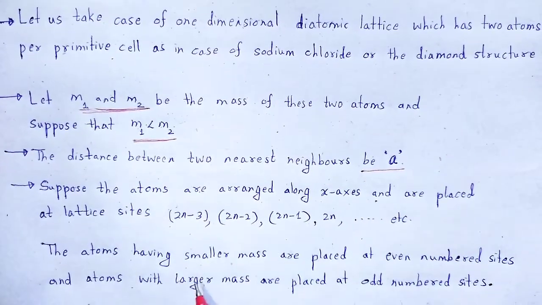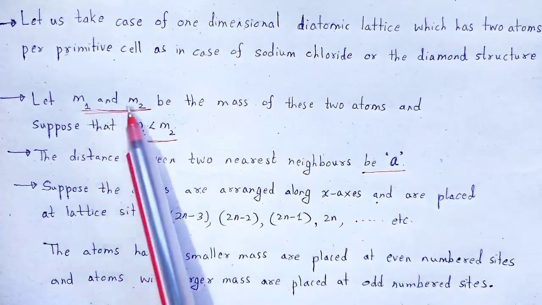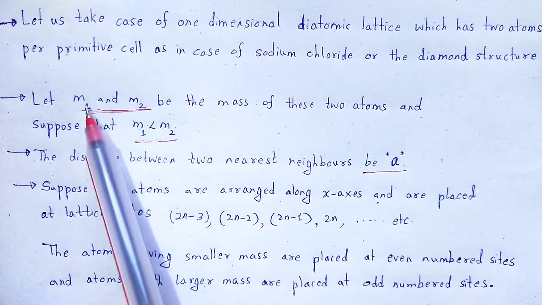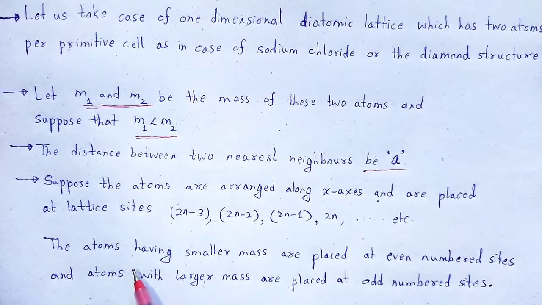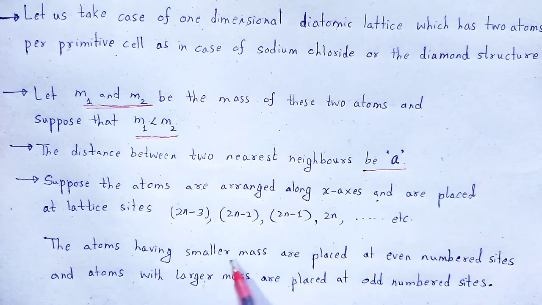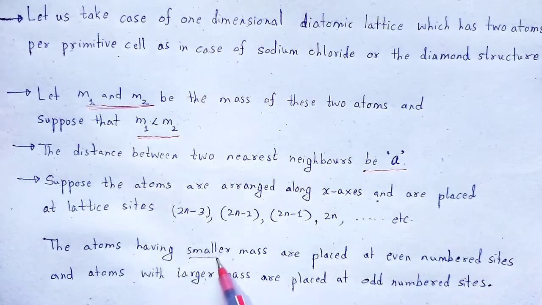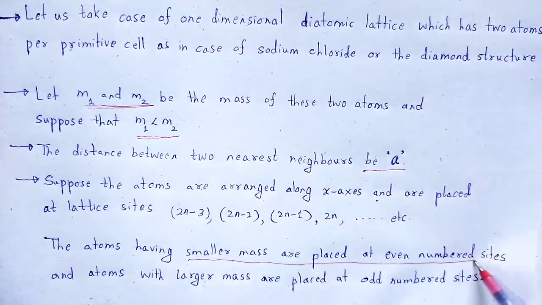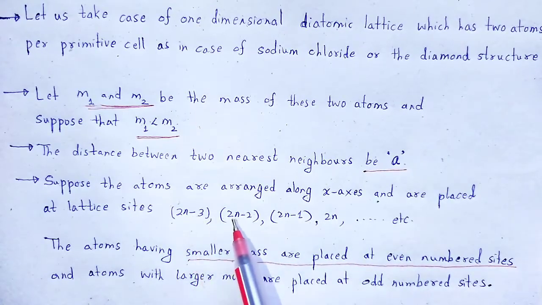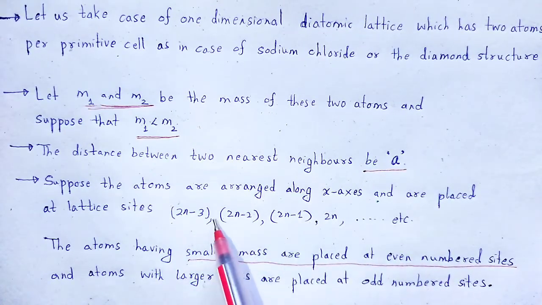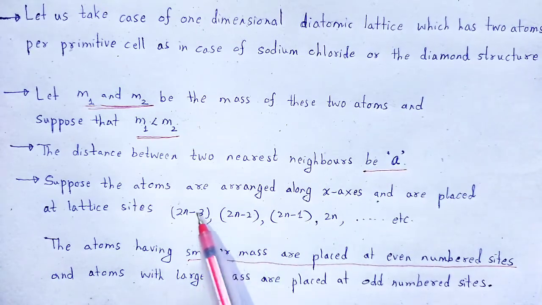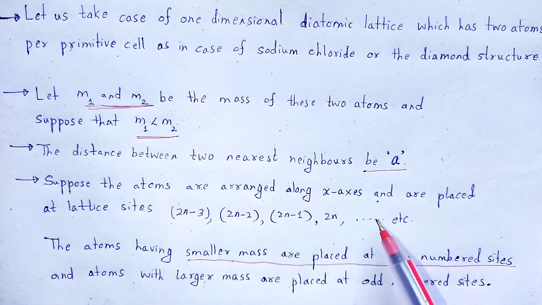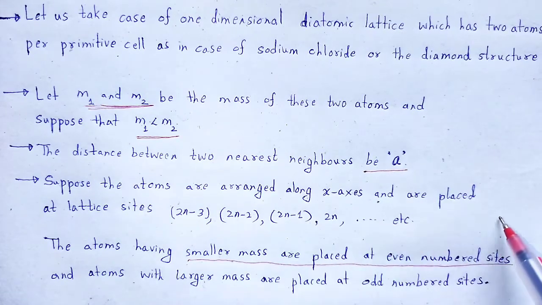As we have taken two kinds of atom, one mass greater than the other, the atoms having smaller mass are placed at even numbered sites. These are 2n even, 2n minus 2, 2n minus 4, 2n plus 2, 2n plus 4.